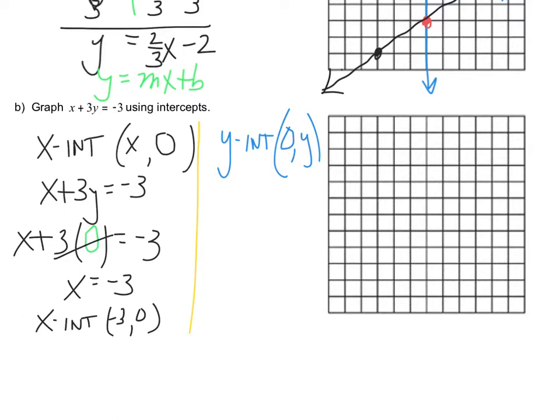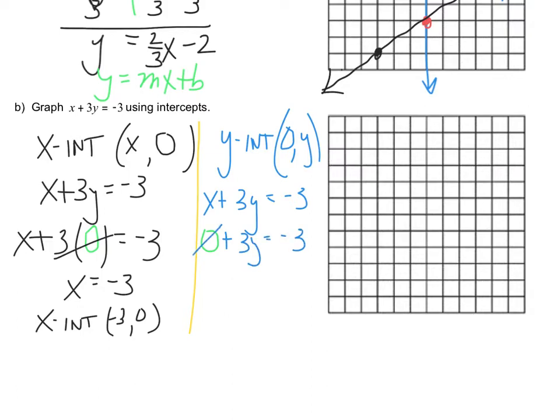Now looking at the y-intercept, that same equation, I know the x for the y-intercept is 0. So can't I just plug it in here? So what I'm going to do is plug in 0 for x this time, and then I'm going to write the rest of the equation.